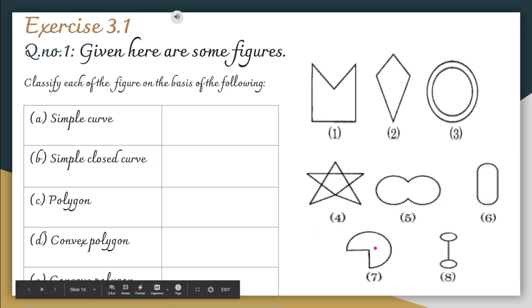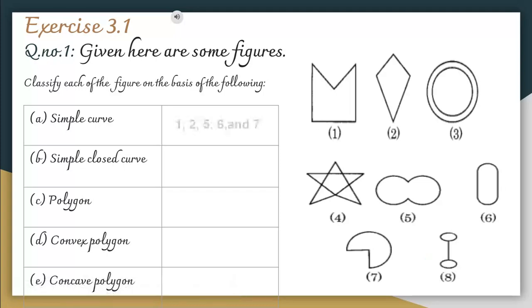Seventh one, that is also a simple curve. But eighth one, no. Here you can see two circles, up and down. So that is not a simple curve. Clear? So what are the simple curves here? Figures 1, 2, 5, 6 and 7.